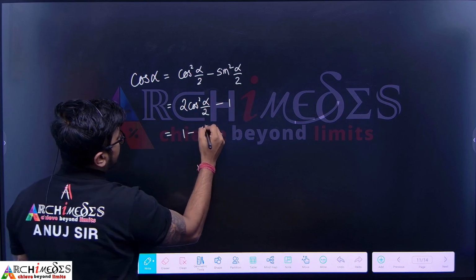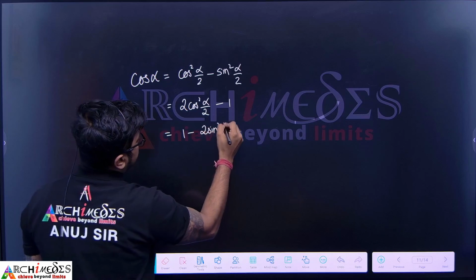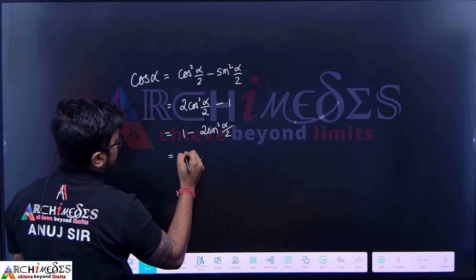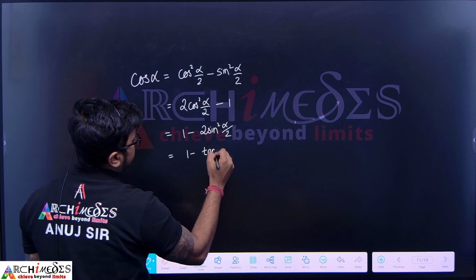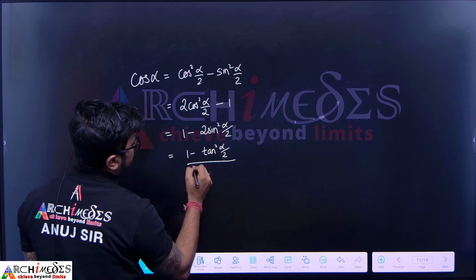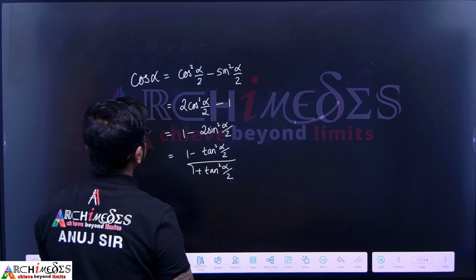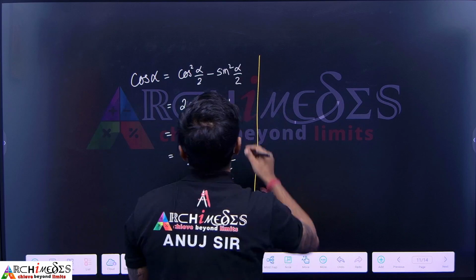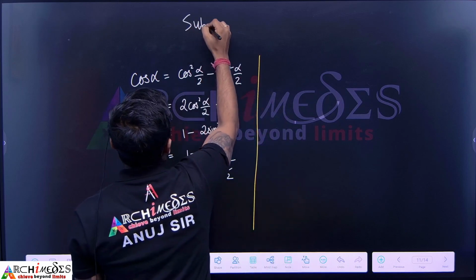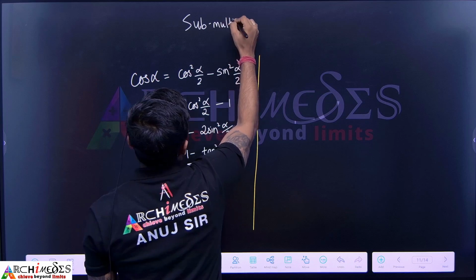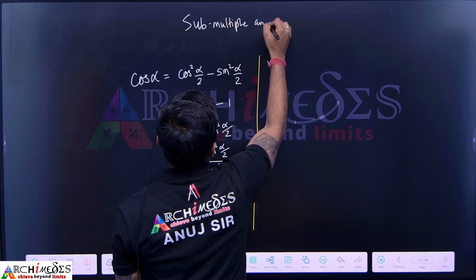Another one is 1 minus 2 sin square alpha by 2. And another one is (1 minus tan square alpha by 2) divided by (1 plus tan square alpha by 2). These are submultiple angle formulas from class 11.